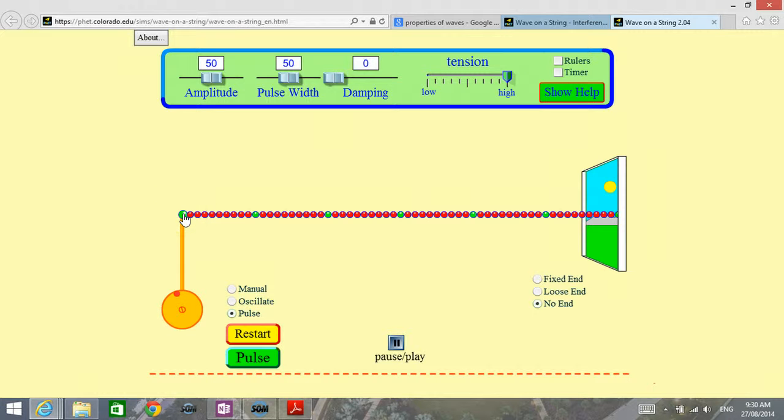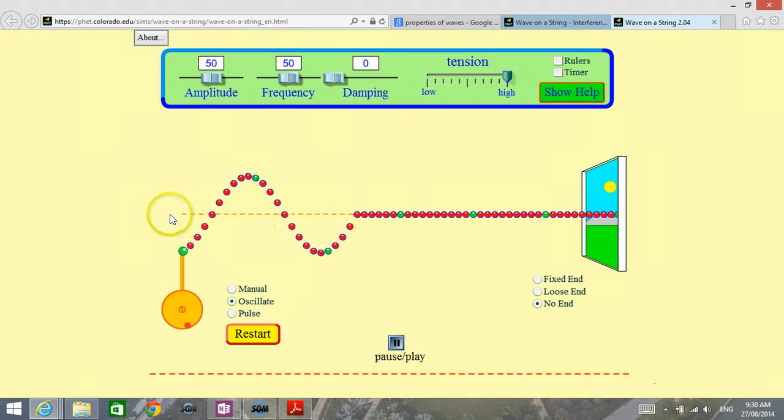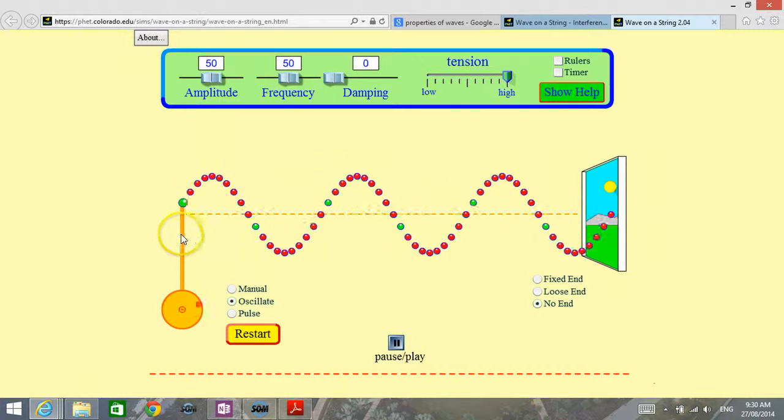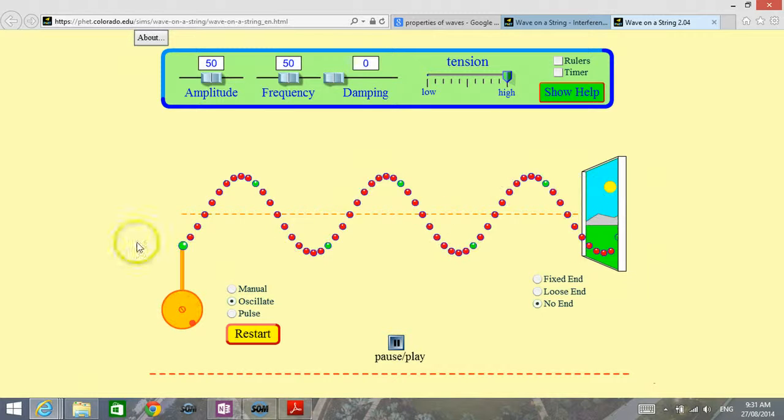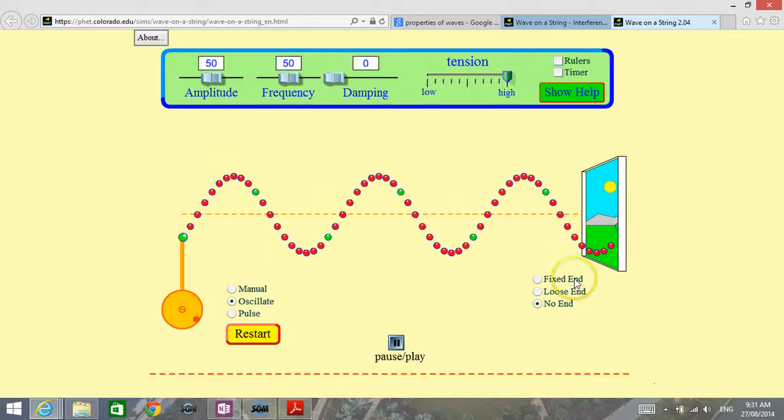A wave can be easily generated with a string. So if I have a string lying like this, and I give a pulse, then I have a wave. If I continuously move it up and down, then you have a perfect sine wave like that.